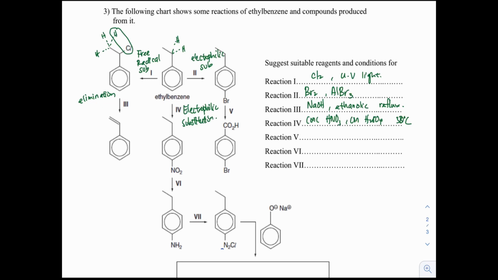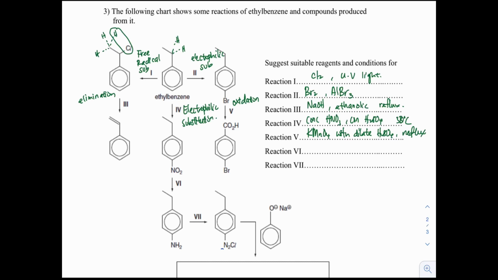Whereas reaction 5 is the change of the ethyl group becoming the carboxylic acid group, and this is oxidation. For this oxidation, we will need KMnO4 with dilute H2SO4, reflux.